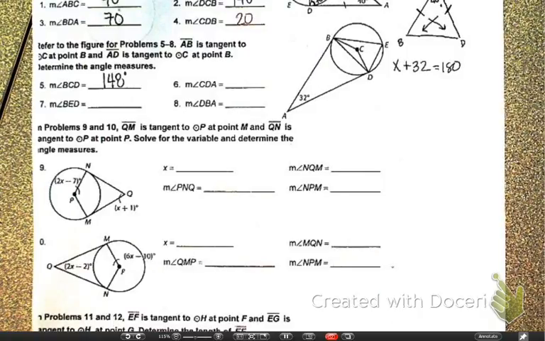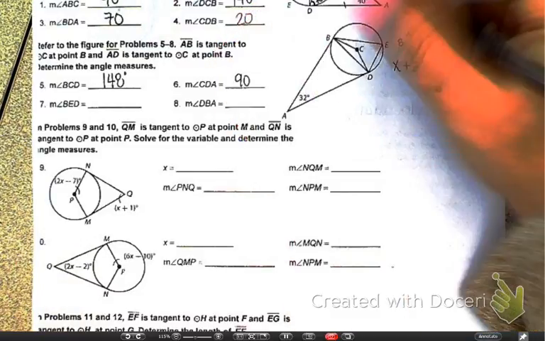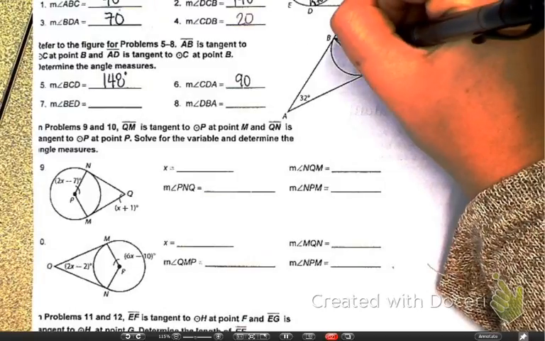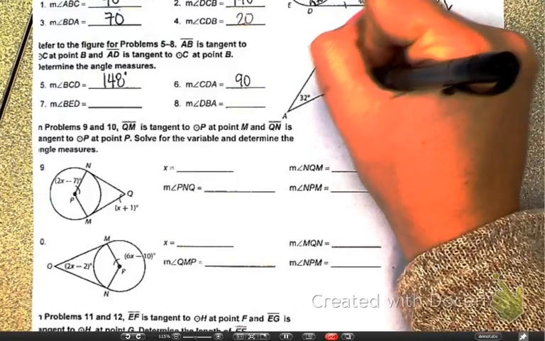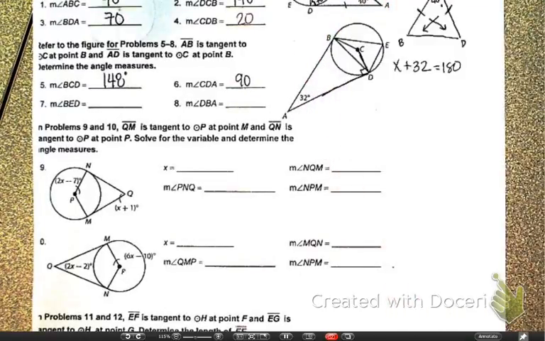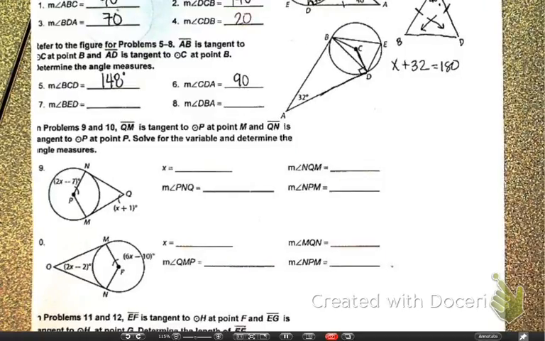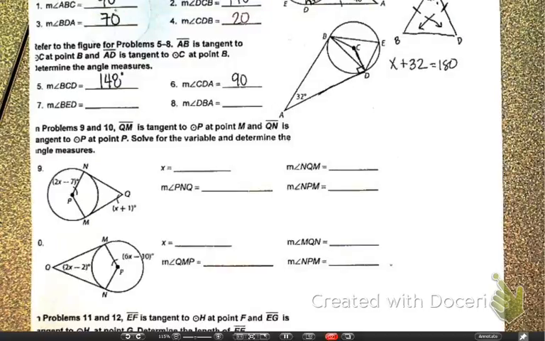What is the measure of angle CDA? 90. Because you have a radius and a tangent. Let's skip 7 for a second and go to 8. What is the measure of angle DBA? 74. Okay, so how did we get 74?